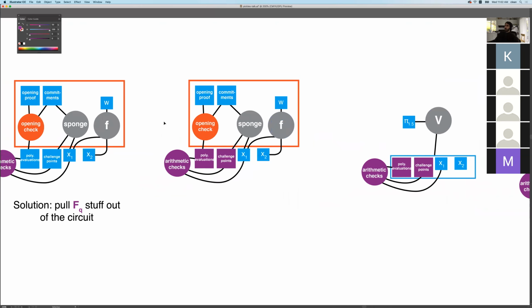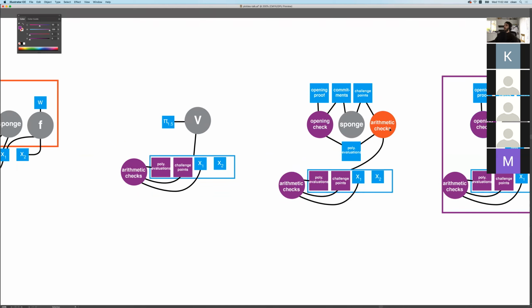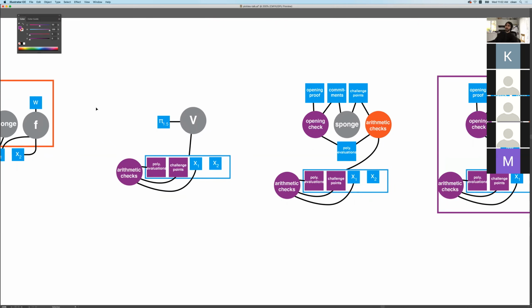Whereas before the opening check was FP and orange and the arithmetic check was purple. Now the opening check is purple and the arithmetic check is orange. Why? Because we used our FP snark, which results in using group elements which are defined over FQ. So our opening check is FQ, but the arithmetic checks are still FP.